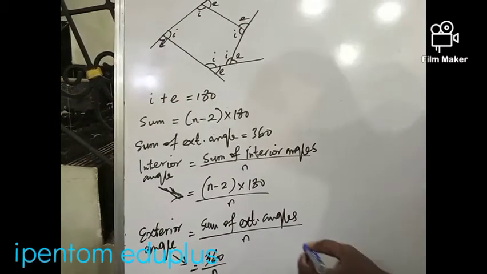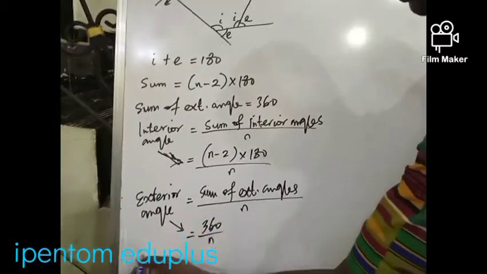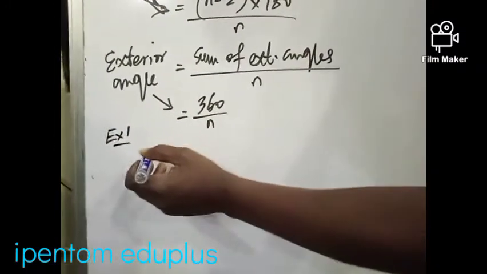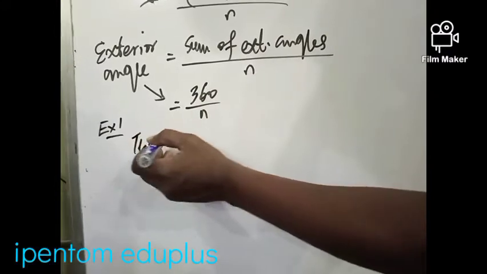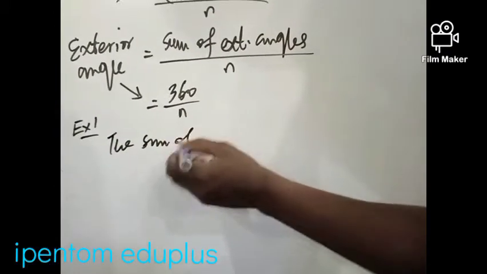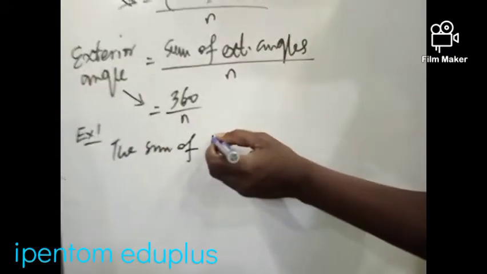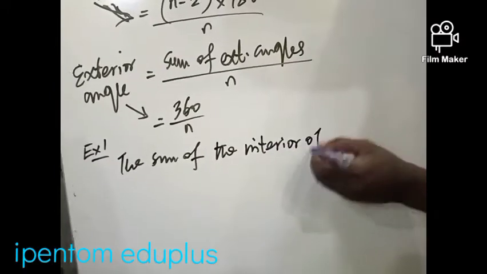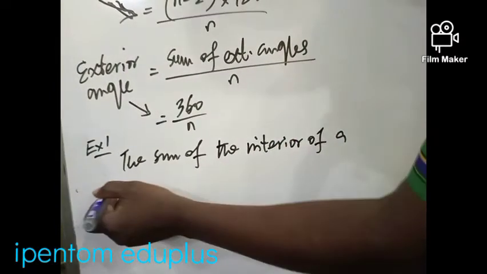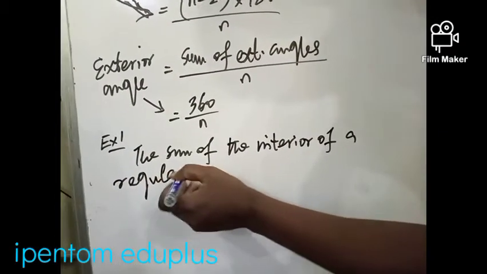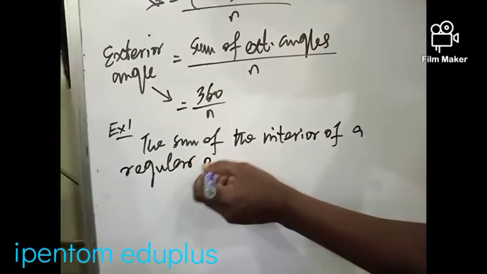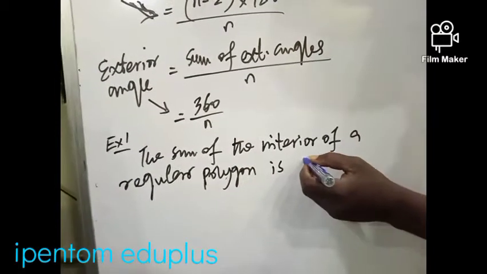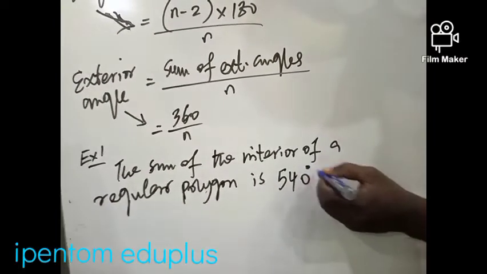Now let's take an example. Example 1. The sum of the interior angle of a regular polygon is 540 degrees.